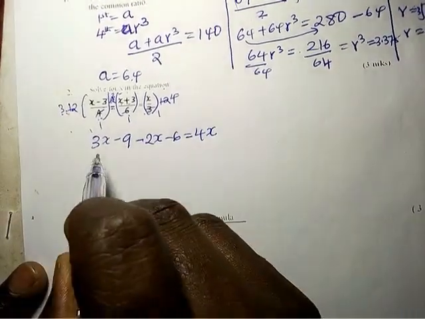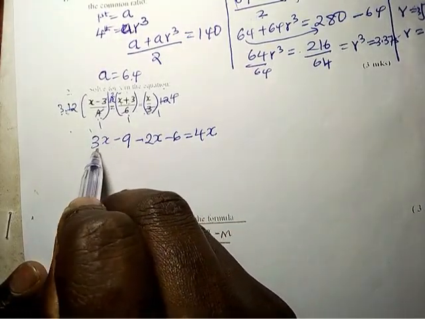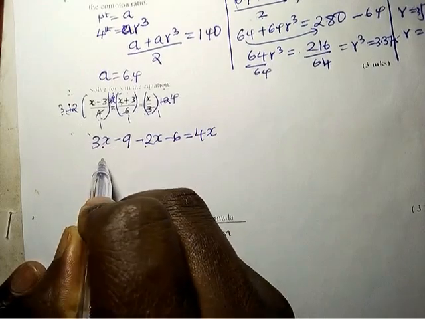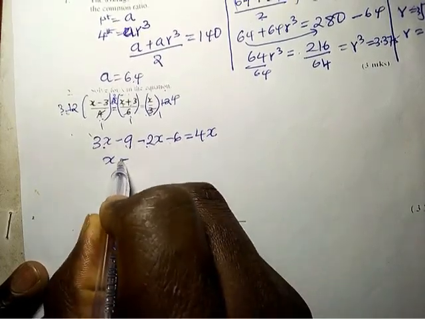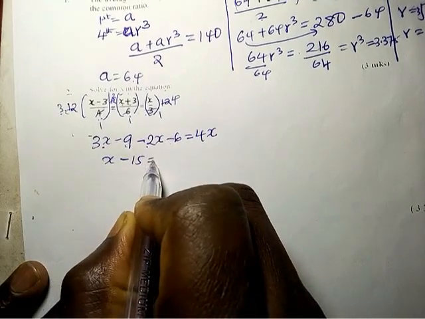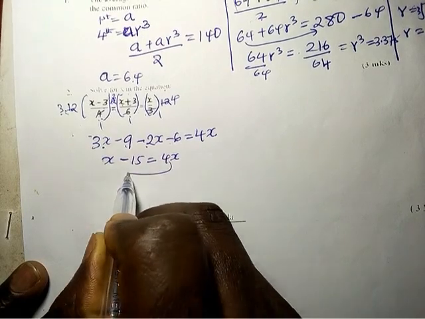Now like terms together, we have this times this one is going to be x. This minus this is going to be minus 15 is equal to 4x. Bring this inside.